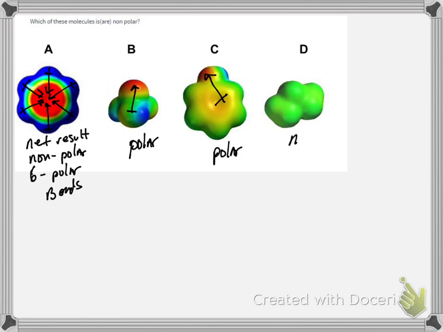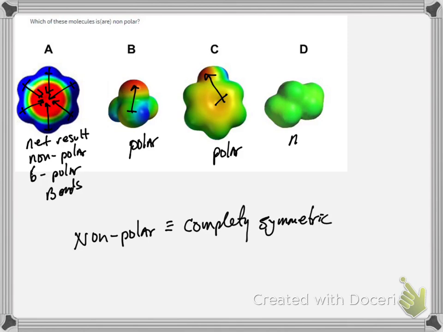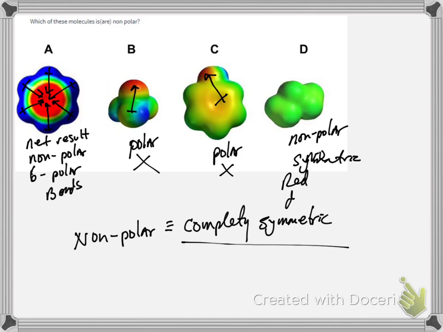To be nonpolar, the main condition is completely symmetric. So this is not symmetric, this is symmetric. And so when we look at it, it's got to be nonpolar because of that symmetry.